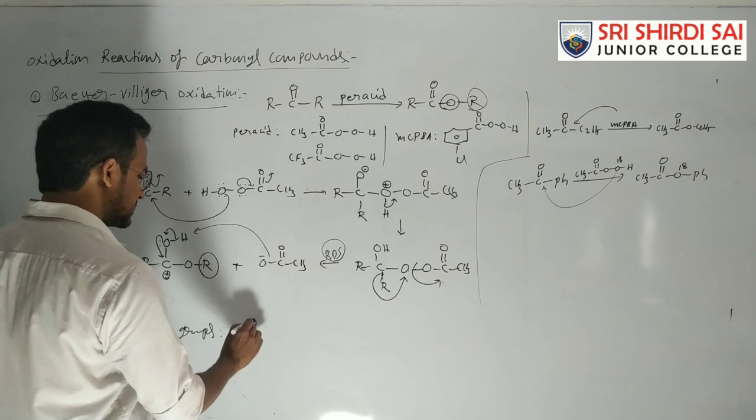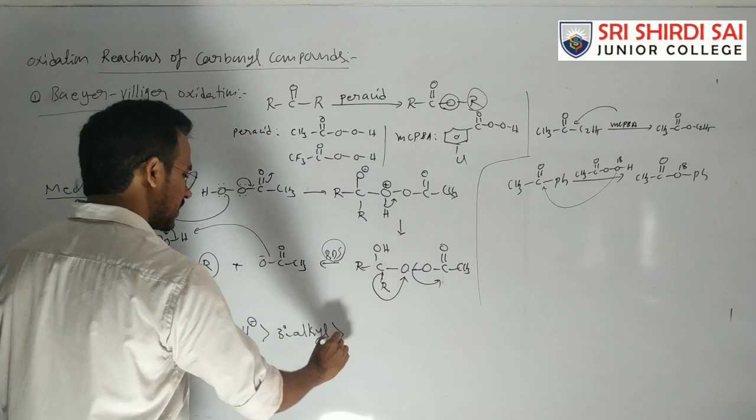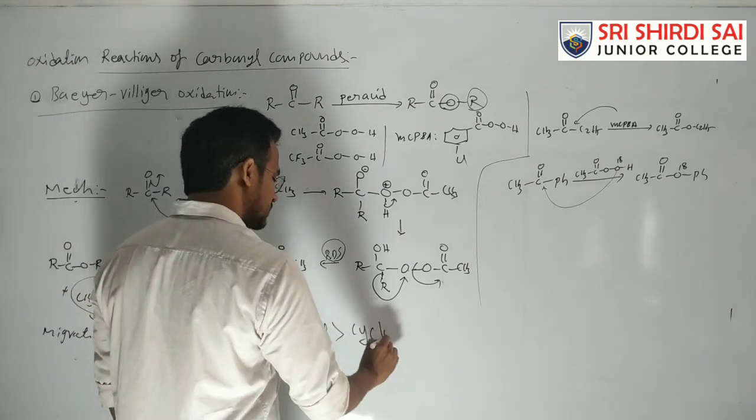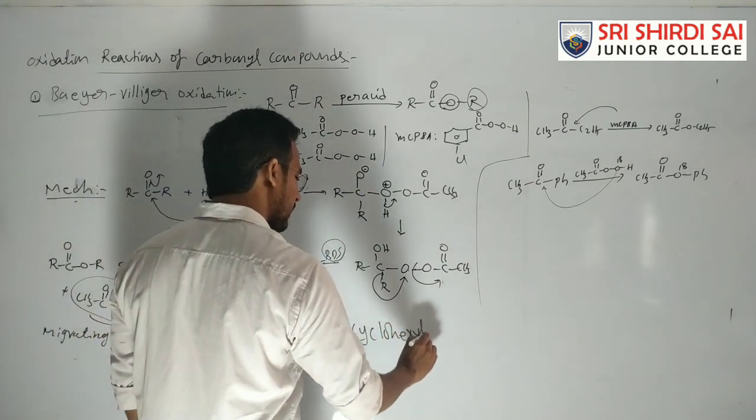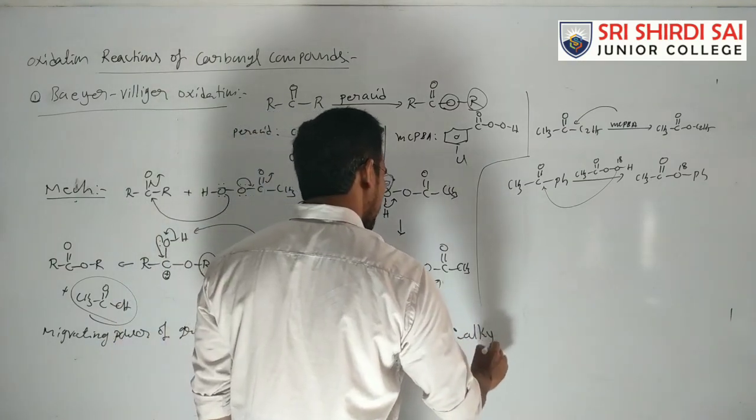So your H minus is better migrating. Next, tertiary alkyl, and next cyclohexyl, approximately equal to secondary alkyl.